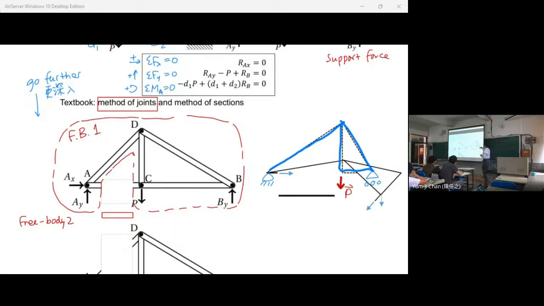If we add one force here, it will go to the right and then down like this. Okay, get it.